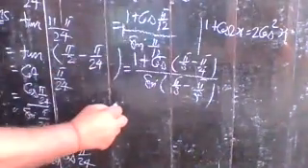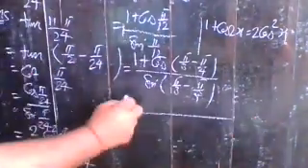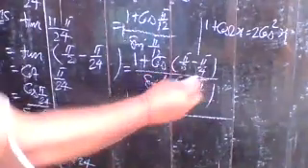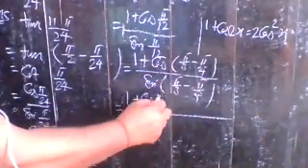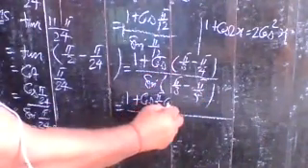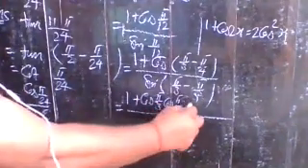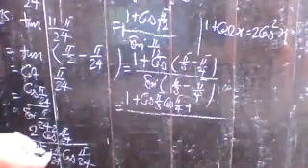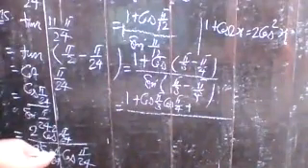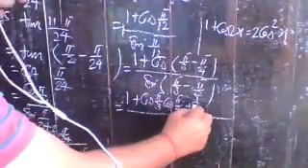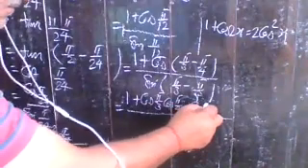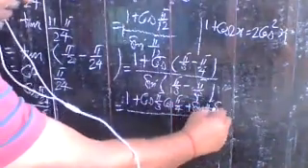Putting the values, you have 1 plus cos a cos b plus sin a sin b, meaning cos pi by 3 cos pi by 4 plus sin pi by 3 sin pi by 4.